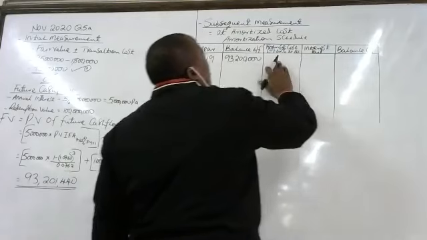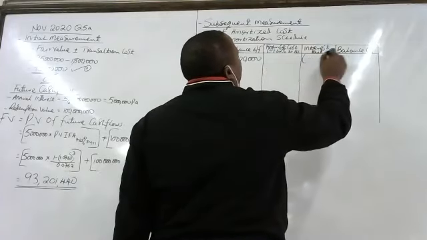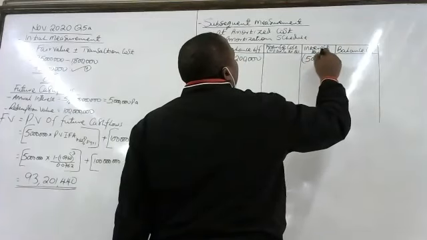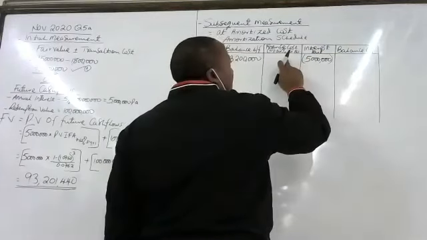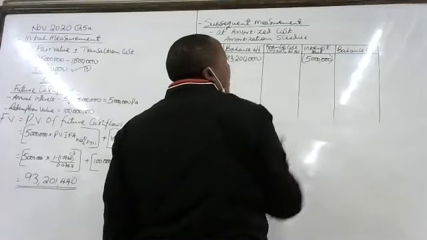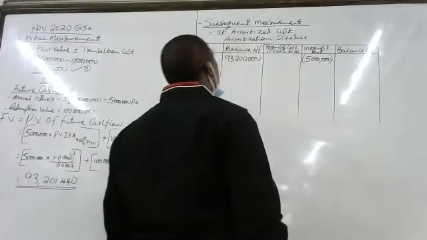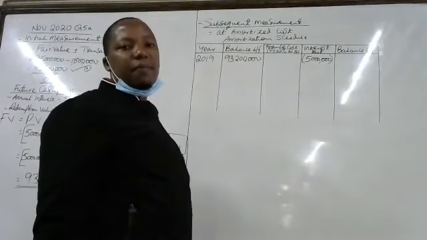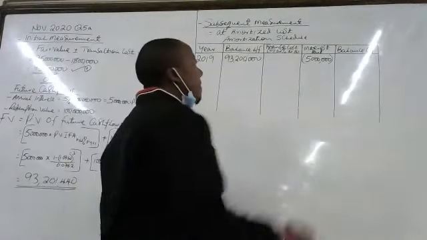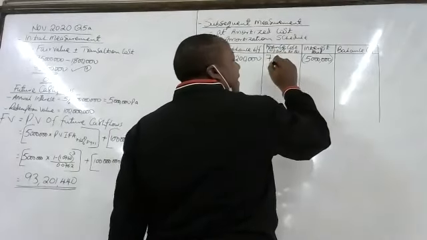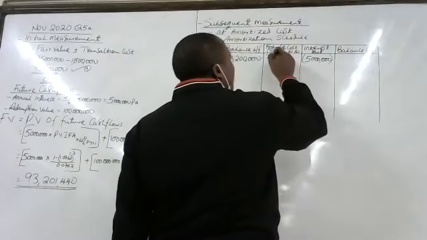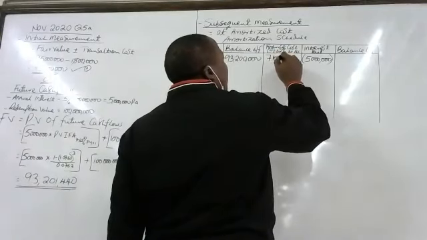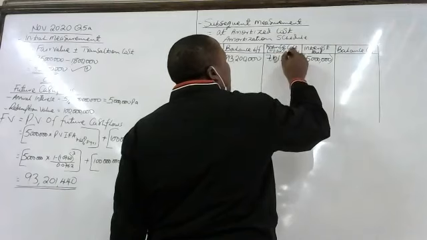So this gives you 7.62% of the opening balance, and the interest paid is 5 million. So this is equal to how much? 7.62% of 93,200,000. You get about 7.1 million.